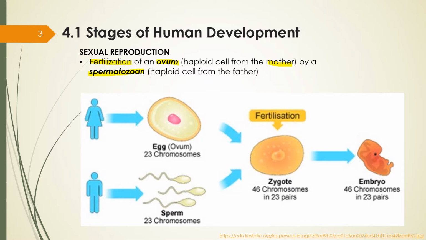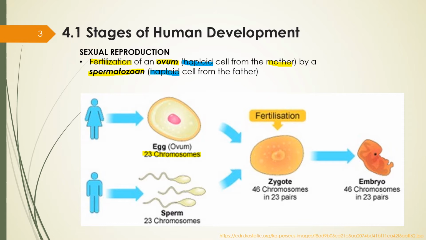Do you guys remember what haploid means? Haploid means they have half the number of chromosomes. So when I say a cell is haploid, it means instead of the full set, I have half the number of chromosomes. So here in this picture, we can see the egg or the ovum of the woman has 23 chromosomes, not 23 pairs, 23 single chromosomes.